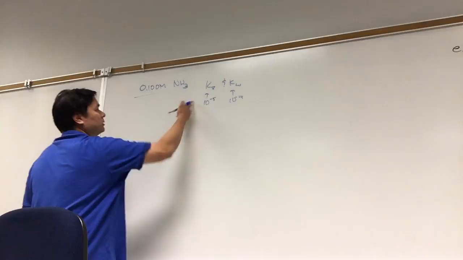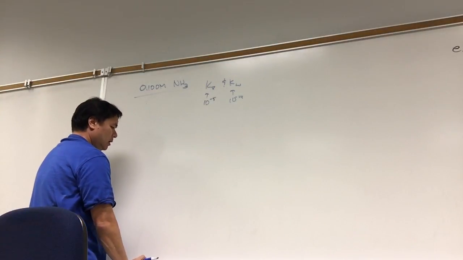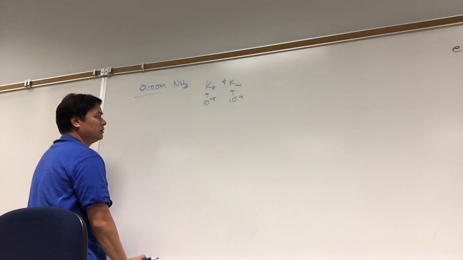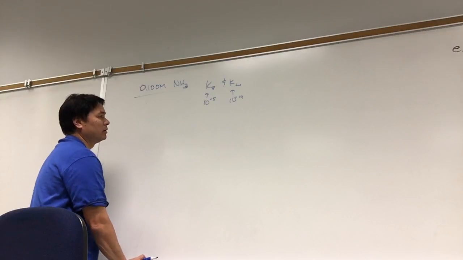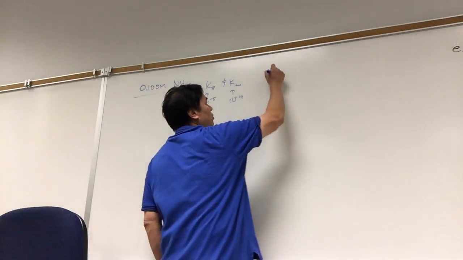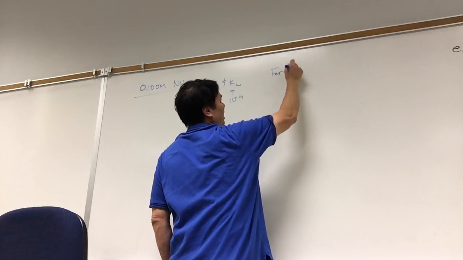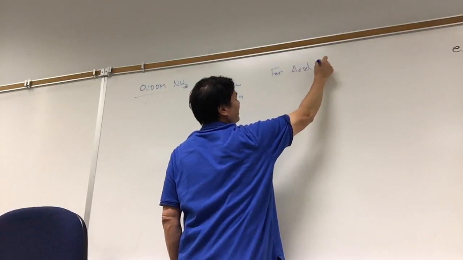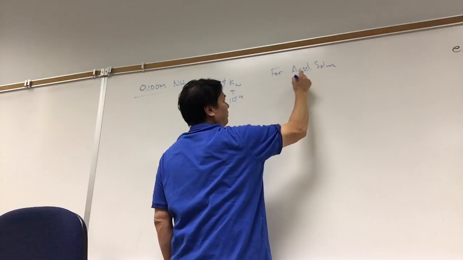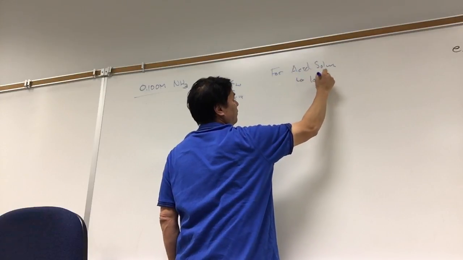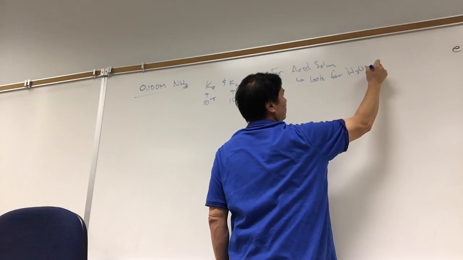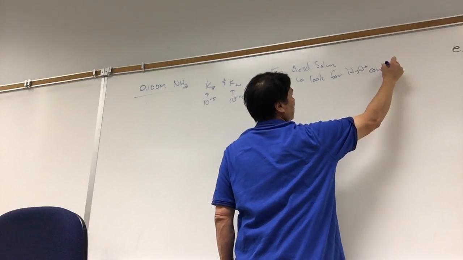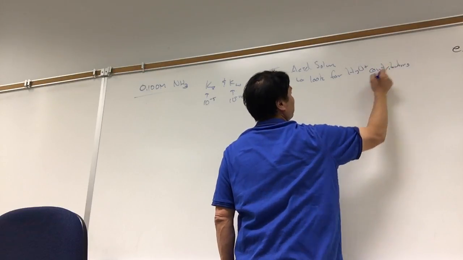All right, so let's do this. Now, for base solutions, we just look for the hydroxide ion contributors. For acid solutions, we look for the hydronium ion contributors only, actually.